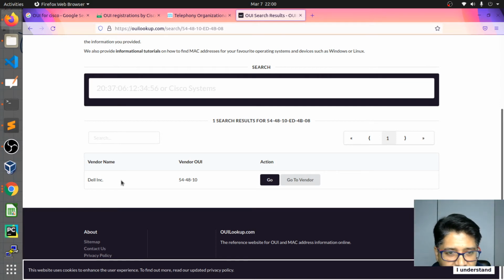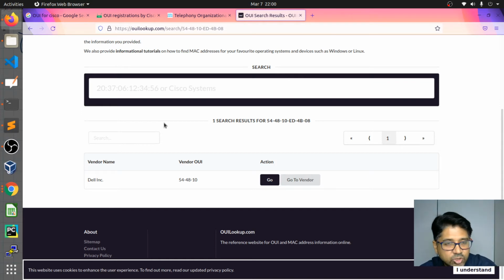Yes, my laptop is from Dell. By looking at the MAC address, you should not share your MAC address, because I can understand what company you have. If anyone captures your MAC address, they can understand which organization or range it belongs to, so they can go for action, they can check it out in Dell.